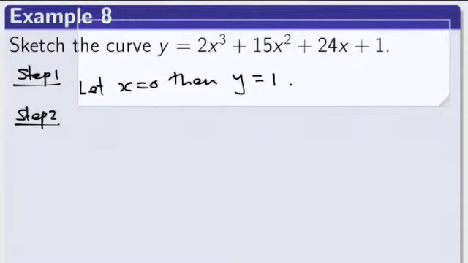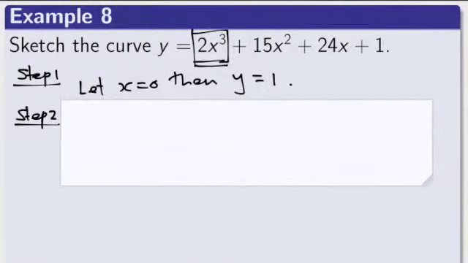There are 4 terms in the right hand side of this expression for y, and the dominant term is the term with the highest index of x. That is 2x cubed, so we need to find what happens to 2x cubed as x approaches plus or minus infinity.